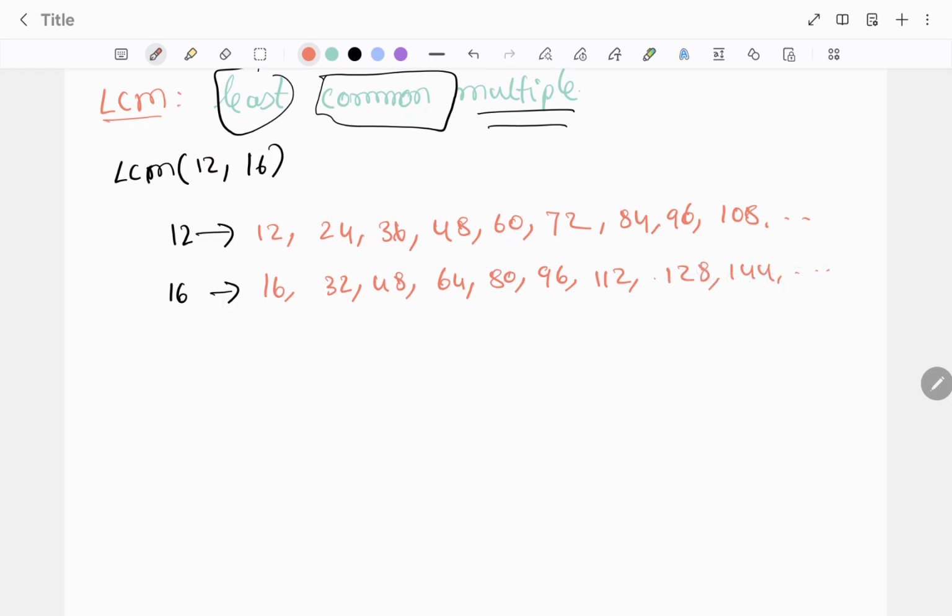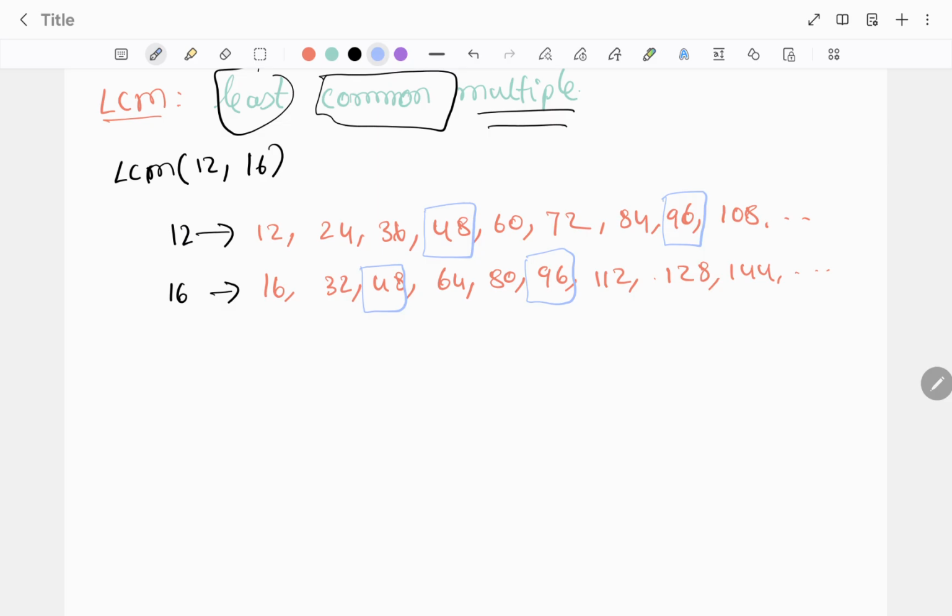See, there are common multiples. What are the common multiples? 48 is in both the multiples, 12 and 16. Then the next, 96. If you go further, again there will be.